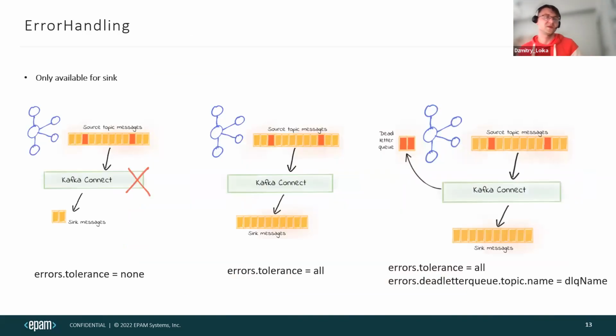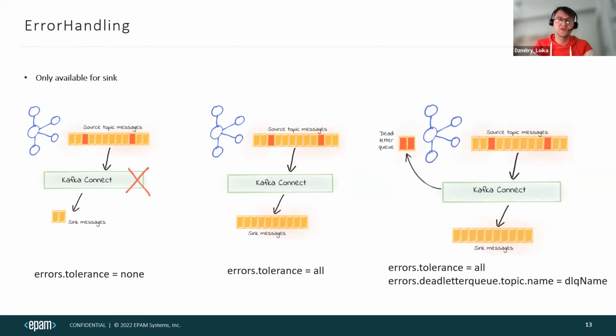Okay, back to error handling. The last option of error handling is a way where our connector, in case of some error, continues its work, but pushes the failed message to the dead letter queue.